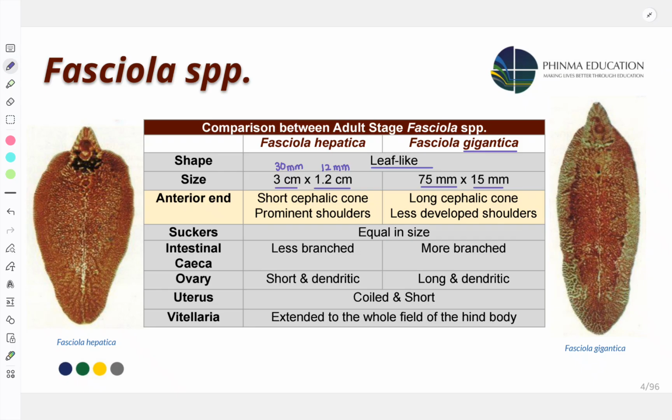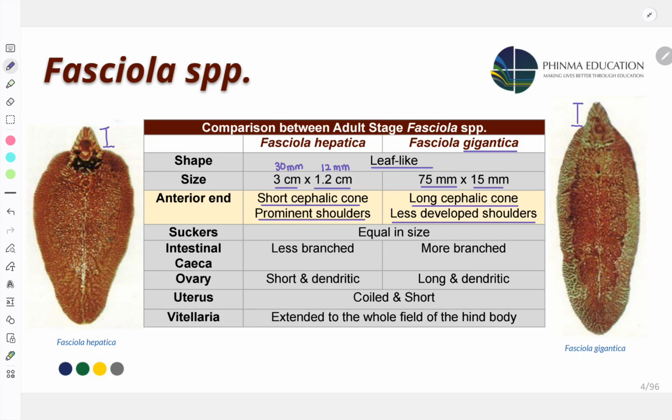So the anterior end of your hepatica adult worm has a short cephalic cone and a more prominent shoulder, compared to the long cephalic cone and less developed shoulders of your gigantica. So the cephalic cone of your Fasciola hepatica is shorter compared to the cephalic cone of your gigantica.